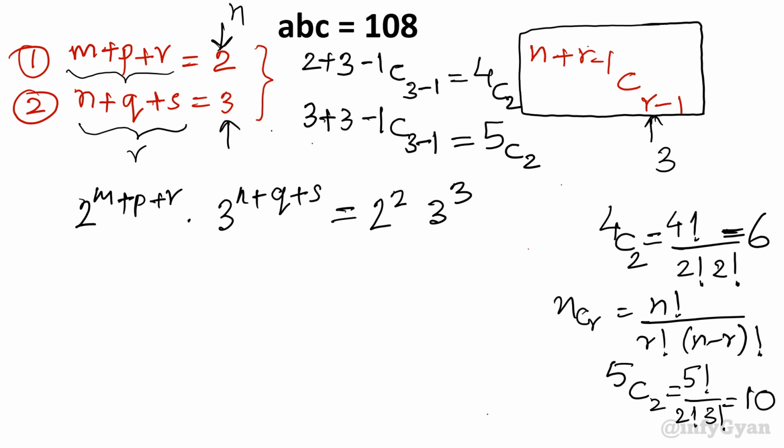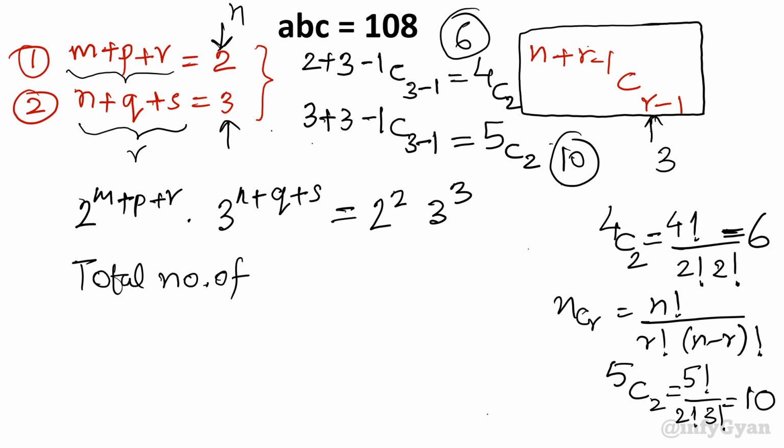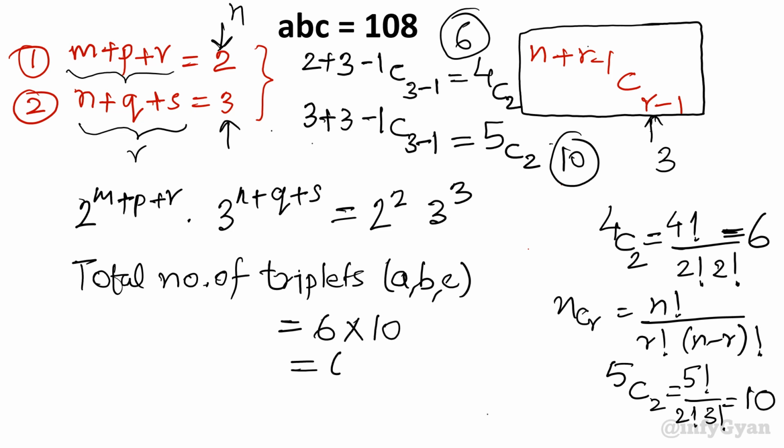Now there are 6 ways in this case and 10 ways in this case. So the total number of triplets A, B and C will be 6 into 10, that means 60 ways. 60 only. The answer will be 60. So we will get 60 sets in total.